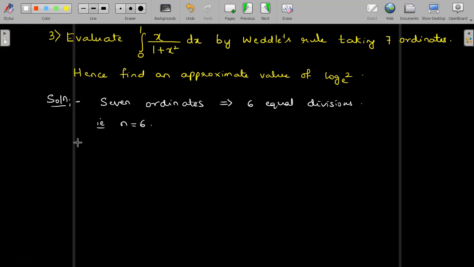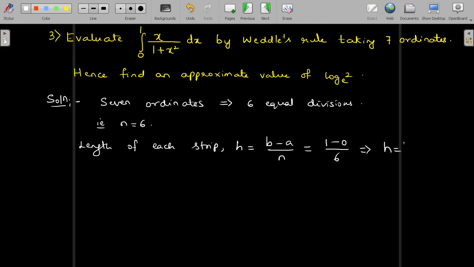Therefore, length of each strip is given by h is equal to b minus a divided by n. b is nothing but the upper limit, integral a to b y dx. So lower limit is a, upper limit is b. So 1 minus 0 divided by n, n is nothing but 6. We have h is equal to 1 divided by 6.